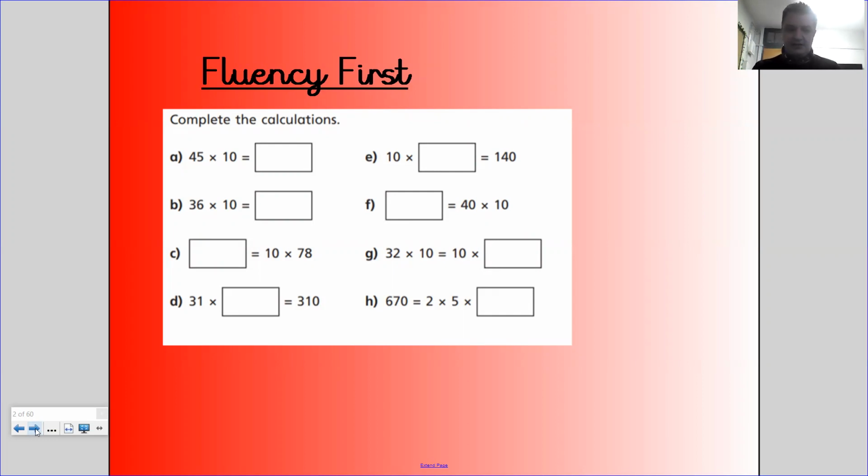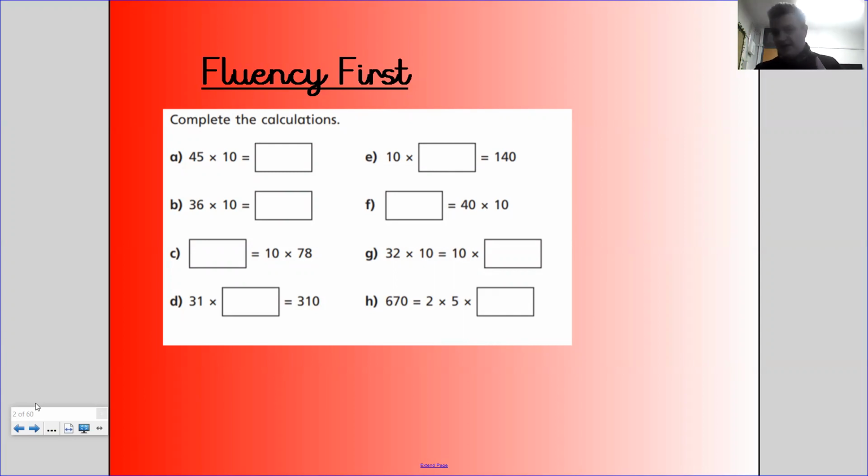Hopefully we'll have finished those questions. Quite straightforward. Remember, it doesn't matter that when I do 10 times 78, my missing number is on the other side. Sometimes it confuses children, but an equals is just like a balance.